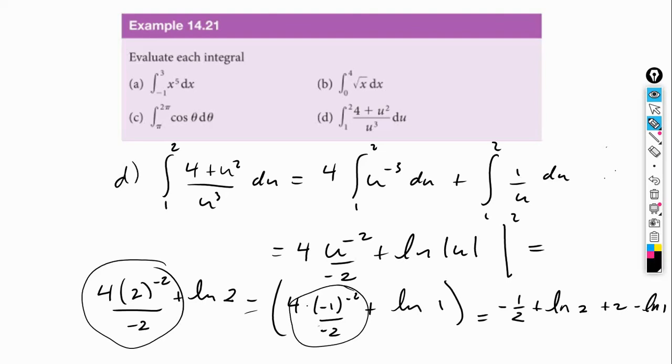But recall the natural logarithm of 1, and by the way, any logarithm of 1 is simply 0, so we can forget about that last part. And then all we have to do is add the -1/2 and the 2, and this is going to equal 3/2 plus the natural logarithm of 2.